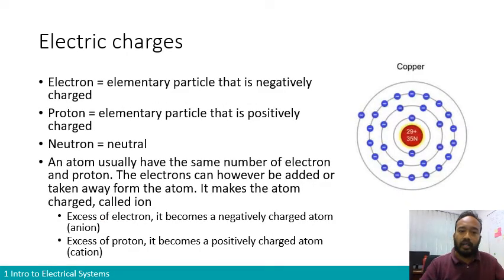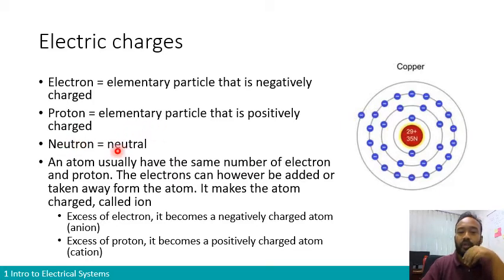So the question is, where do these charges come from? These charges come from the atom. In an atom you have, for example, electrons, which are the elementary particles that are negatively charged. The proton is the elementary particle that is positively charged.